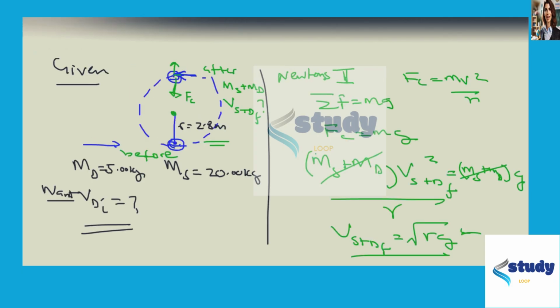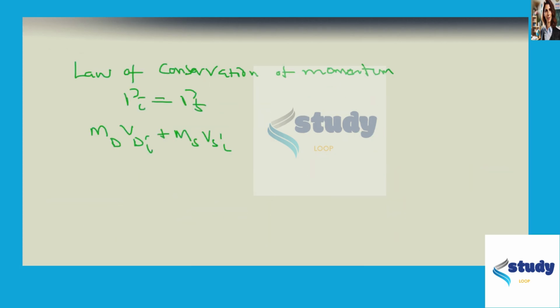If you go back, you see that the initial velocity before anything happens is 0. This is 0 meters per second. And then if we come back here, this is going to be 0, equals the final, after collision.